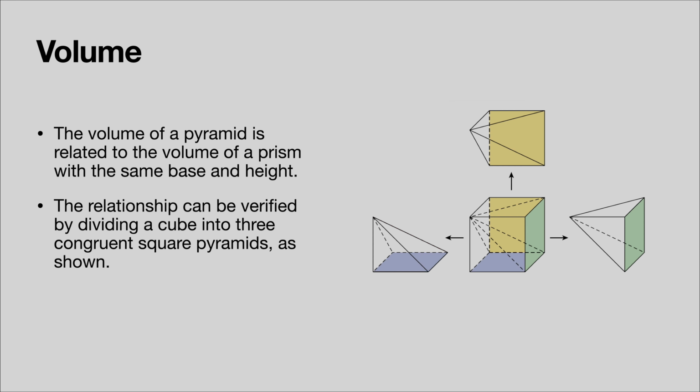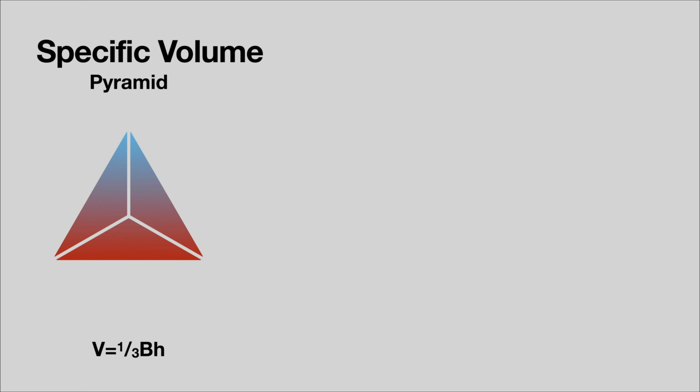So we could create 3 square pyramids. So basically, what that ends up meaning is that we have 2 specific volume formulas. With a pyramid, because we can go into 3 figures instead of 2, we're going to say 1/3 the area of the base times h.